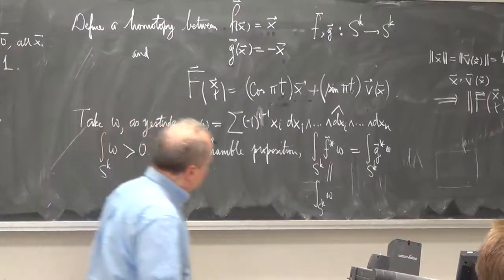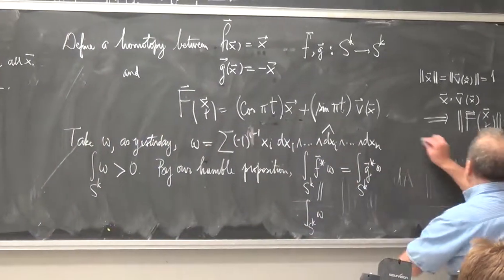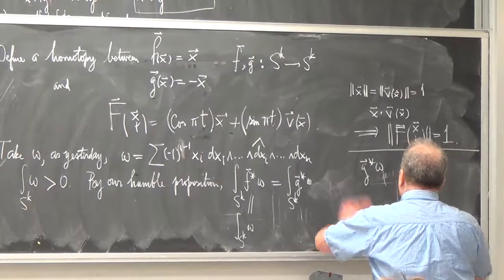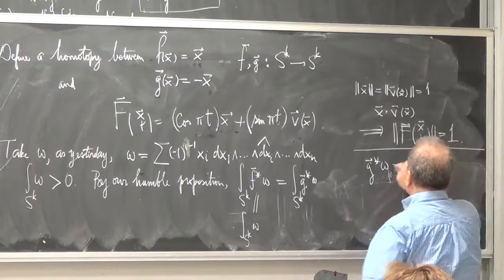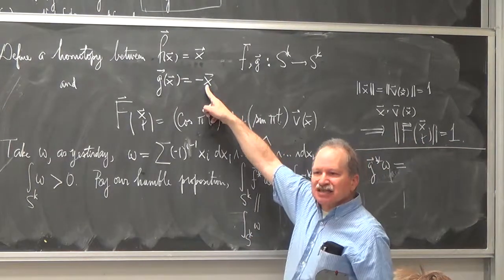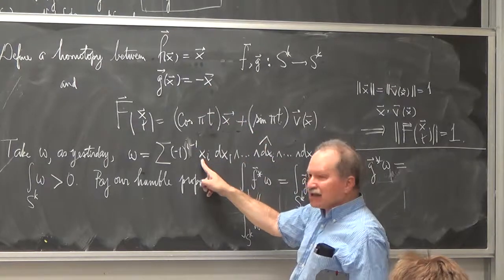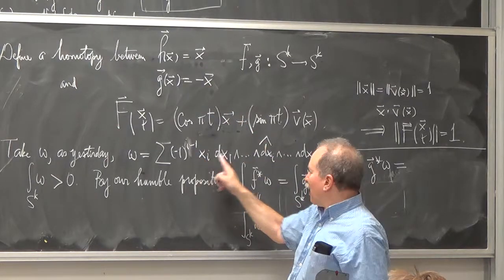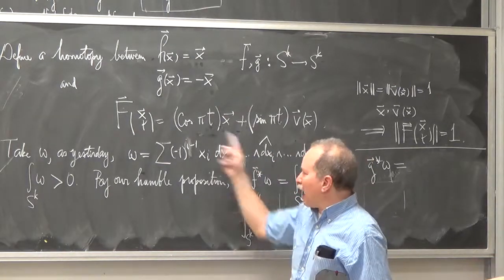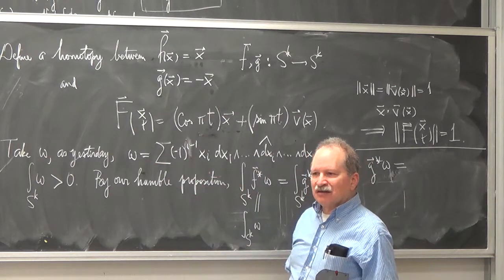Well, let's see. What is the pullback of omega by g? Sorry, this stuff is racing. Count minuses. If you put in minus everywhere, you get a minus here, a minus here, a minus here, a minus here. How many minuses are there when you pull back by g? N plus 1.